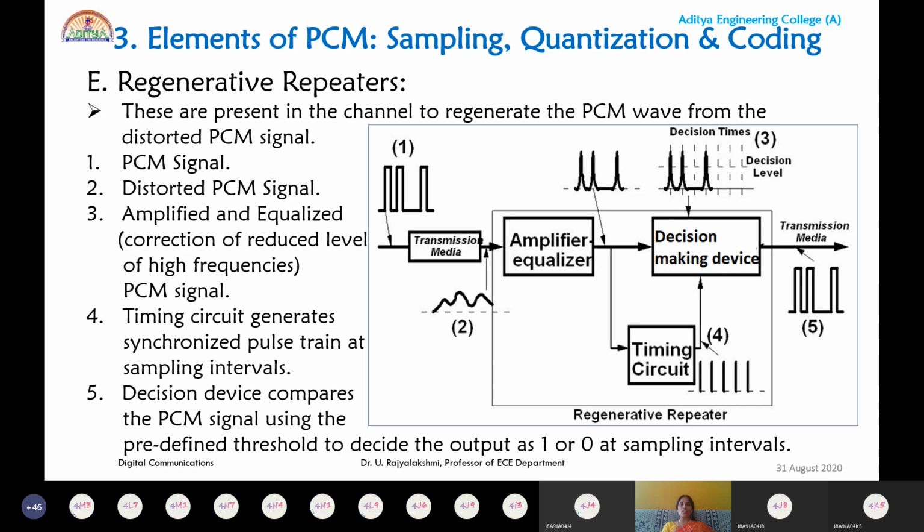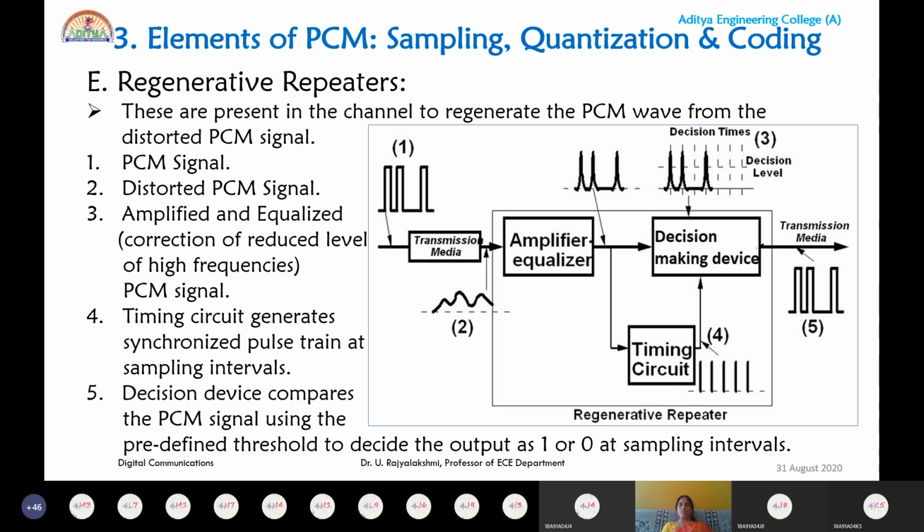Okay, and the output of the decision making device is 0 if the PCM signal magnitude is less than the threshold value. So how can you get the magnitude as 1?